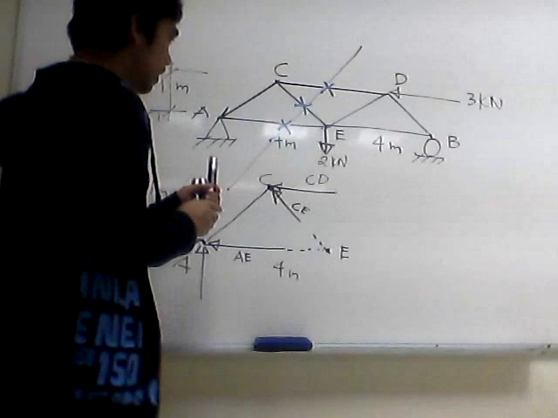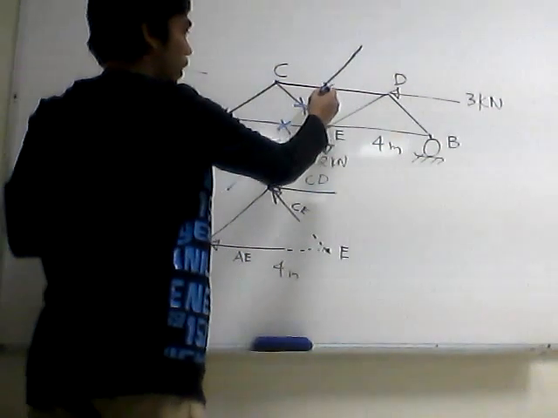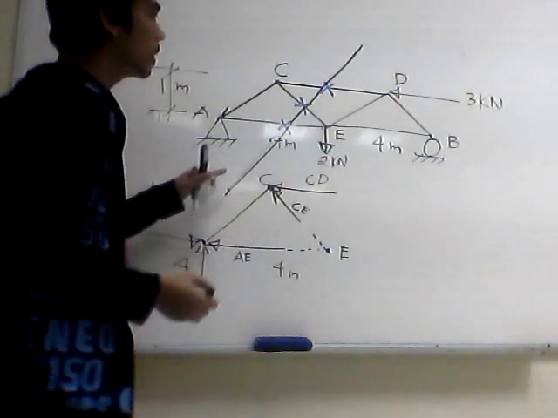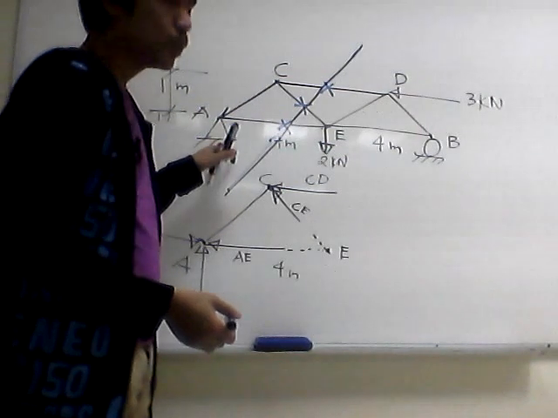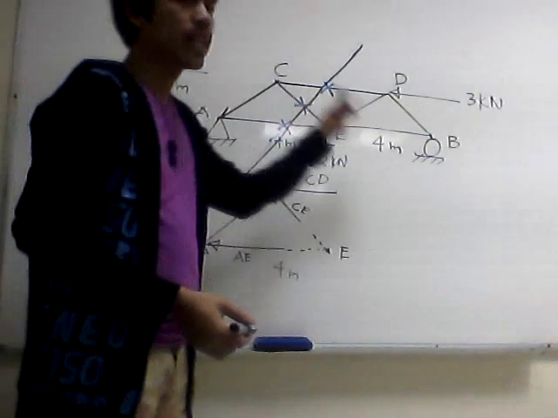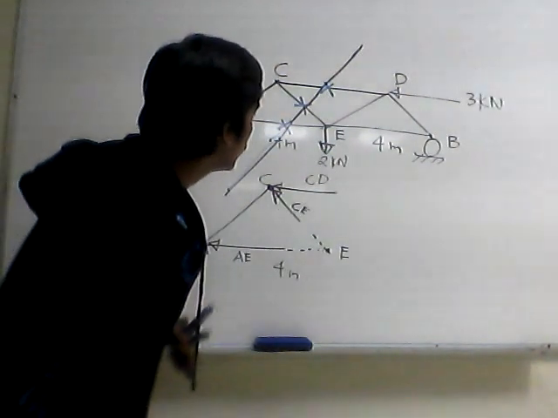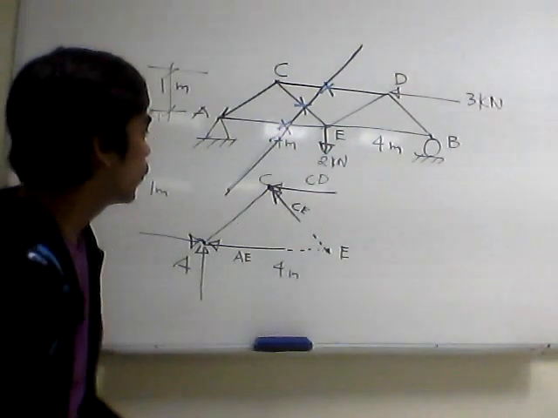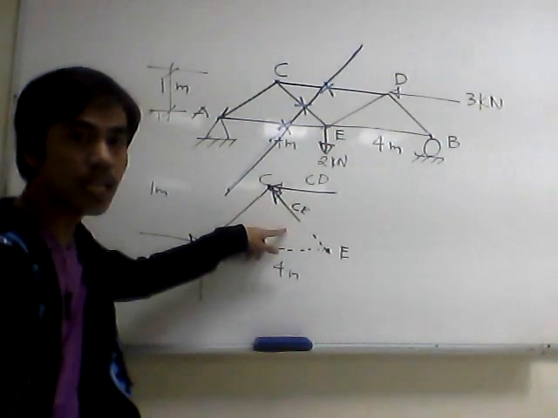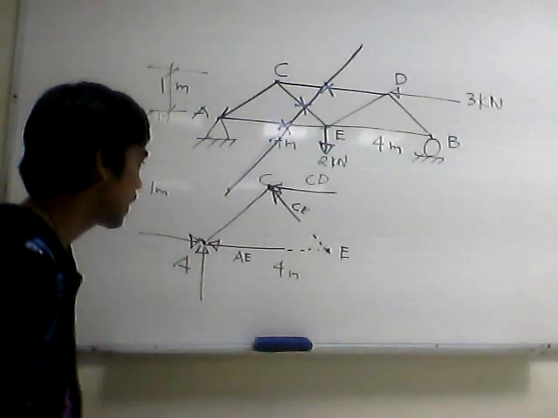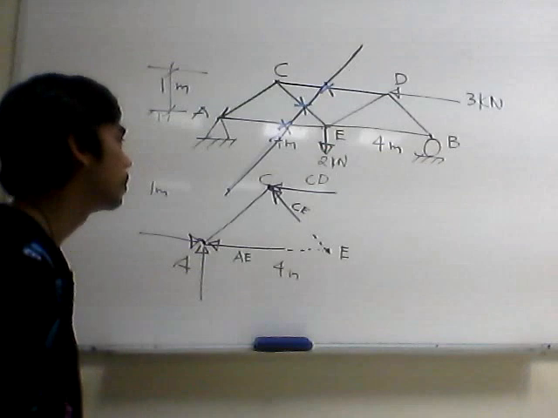So we are going to draw a line here representing an imaginary plane cutting the truss into two sections, the left and the right portion. Since we cut the truss into two, we expose the member CD here, member CE, and member AE. So we now have the free body diagram.